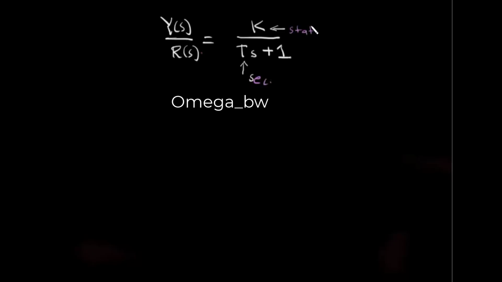So from this, mathematically speaking, bandwidth will be equal to 1 over tau, and this will be measured in radians per second. It can also be measured as a cyclic frequency, which is in hertz, in the following way.